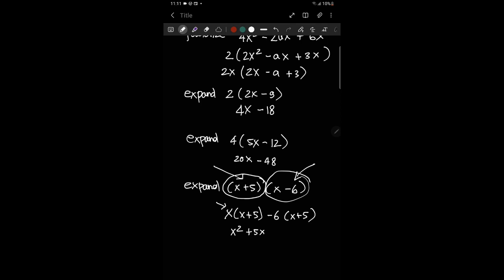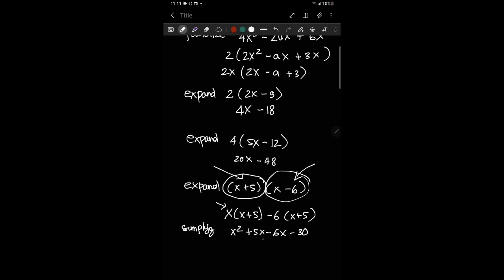Look at the form. It looks like the negative 6 was previously taken out from this expression. Because it's about expand, I need to give the negative 6 back to this expression. I will multiply again. Negative 6x, negative 30.